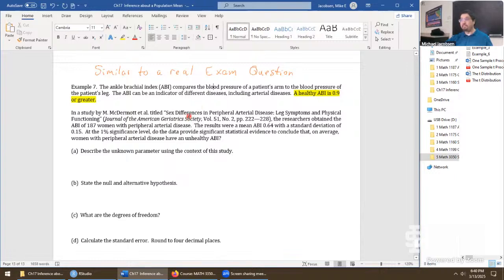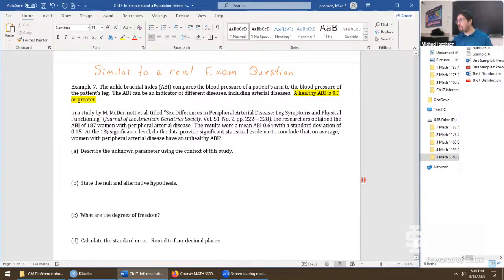So that's our first bit of information. Now, this is just talking about one condition, but now we're going to the study and we're talking about the population for which this condition might apply. A study, Leg Symptoms and Physical Functioning, in the Journal of the American Geriatrics Society, gives us some kind of hint on the population.